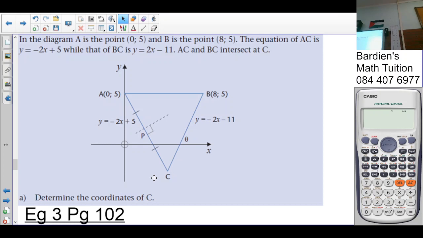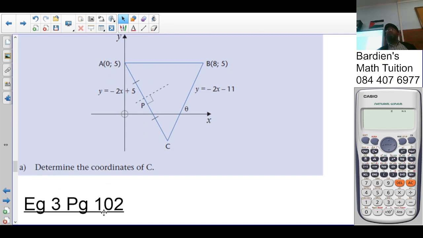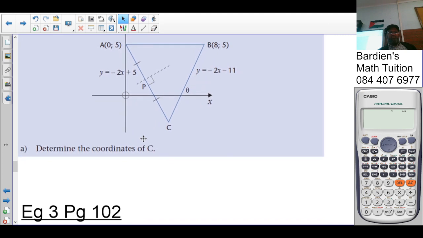Further on we are told that AC and BC intersect at C. The first question says, determine the coordinates of C.